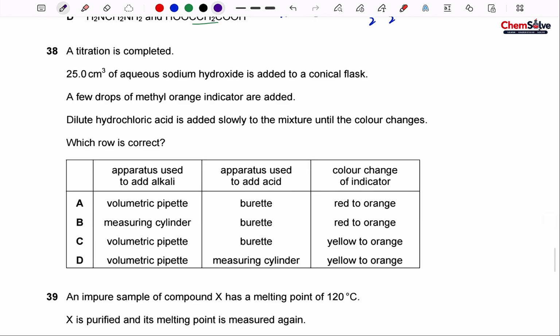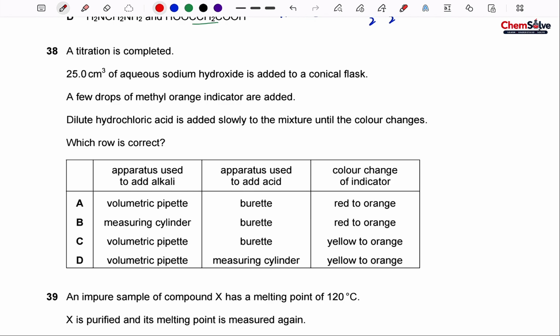Okay, question number 38. A titration is completed. 25 cm cube of aqueous sodium hydroxide is added to the conical flask. A few drops of the methyl orange indicator are added. Dilute hydrochloric acid is added slowly to the mixture until the color changes.